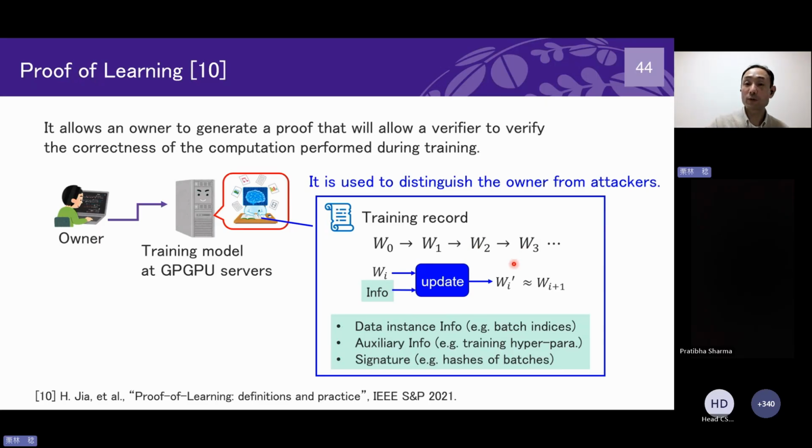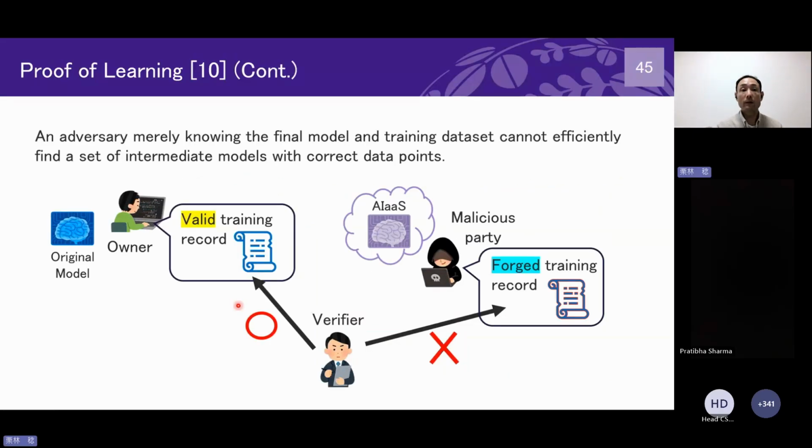By doing so, the owner can show he is the trainer of the model, right? Because he has some record of the training. So this is the idea of the proof of learning. In this case, the verifier will make a request to the owner and the malicious party.